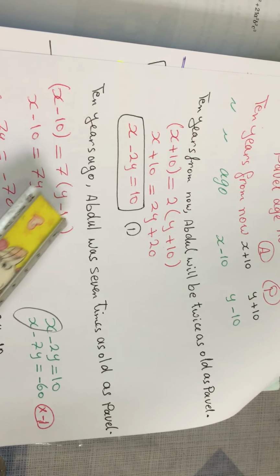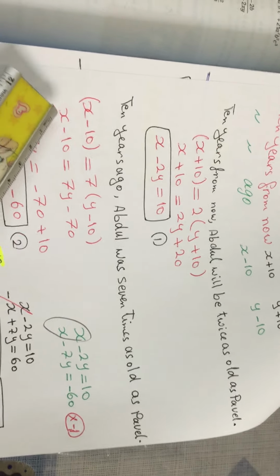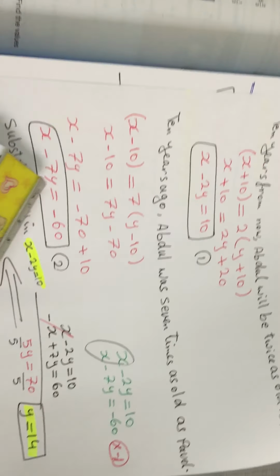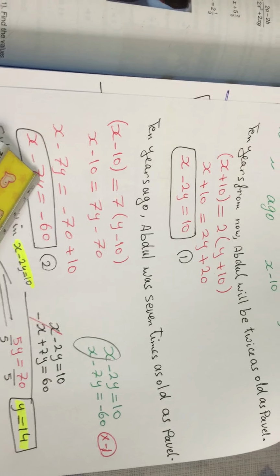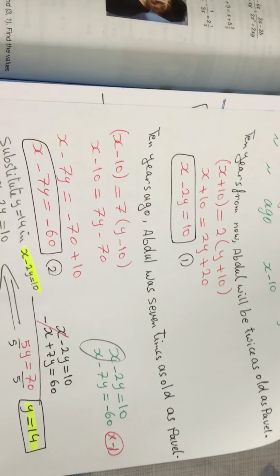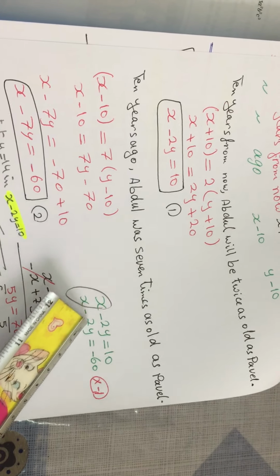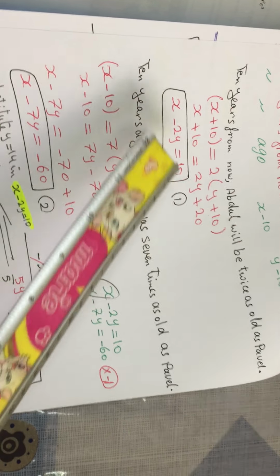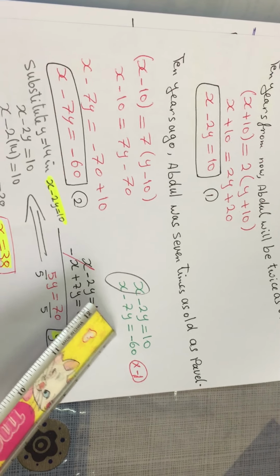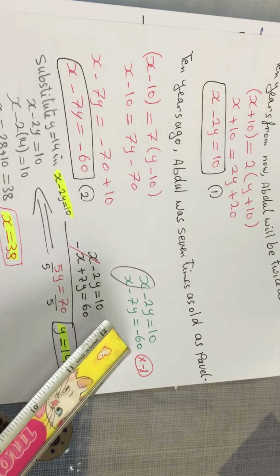Now distribute the 7, take x and y aside and the number on the other side, so this is equation 2. From the problem I write 2 equations. Equation 1 is x minus 2y equal 10, and equation 2 is x minus 7y equal negative 60.